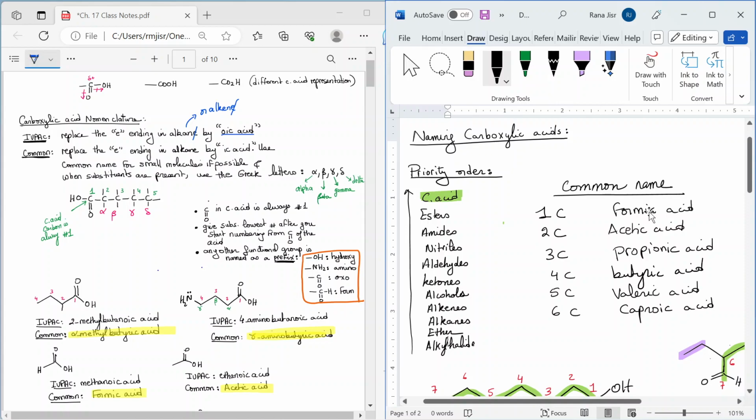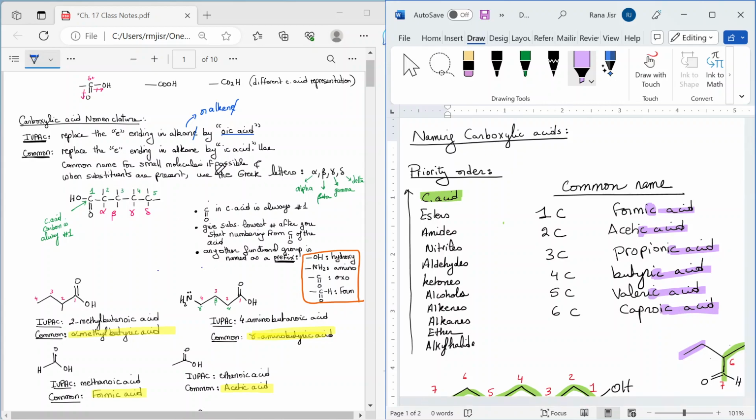So 1 carbon is formic, 2 carbons is acetic, 3 carbons is propionic. Notice that all of these common names, I am ending them in ic acid, not in oic acid. So this means that this is a common name. Up to 6 carbons. So 5 carbons is valeric acid and 6 carbons is caproic acid.